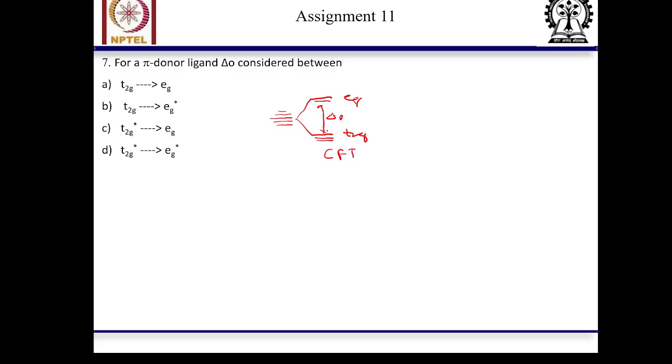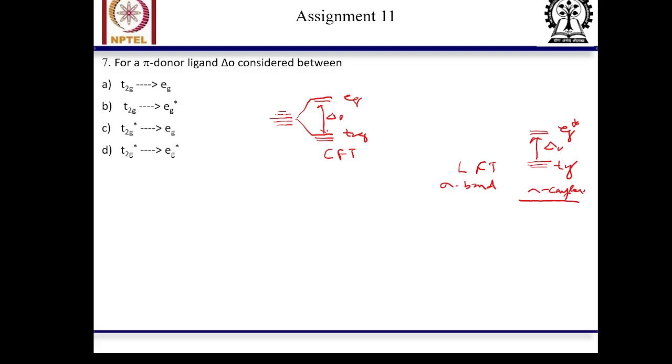Now what Rupali ma'am is saying is she is considering the LFT for the sigma bonding. So once you take the sigma bonding, we have T2g non-bonding orbital, and then we have Eg star, right? And this is your delta zero. This is the sigma complex considering the ligand field theory.